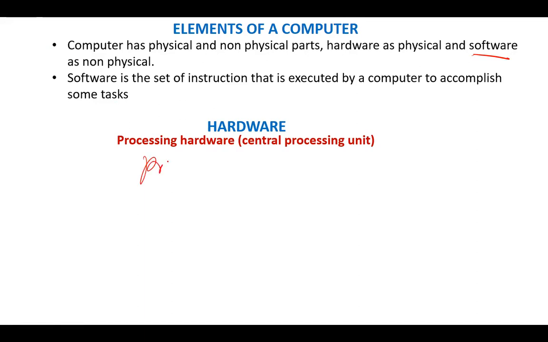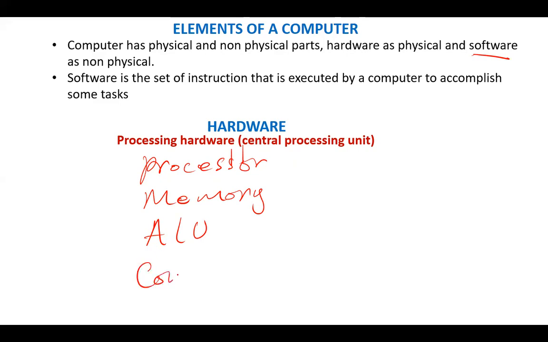Apart from the processor, we have the memory unit, which is also a very important part of the computer. Then we have the ALU, which is the arithmetic and logic unit. And we also have the control unit, which is also part of the processing part.